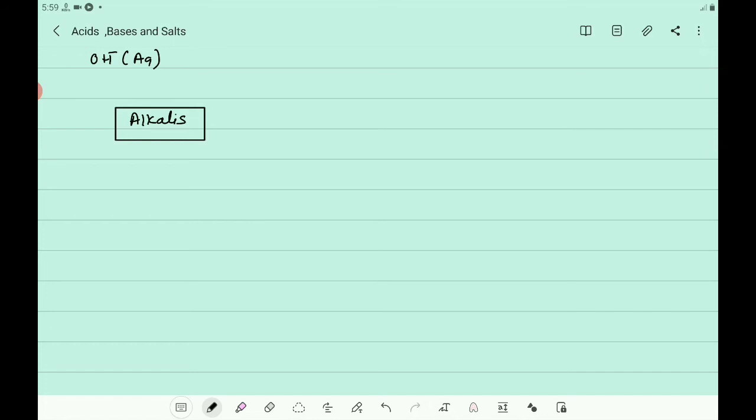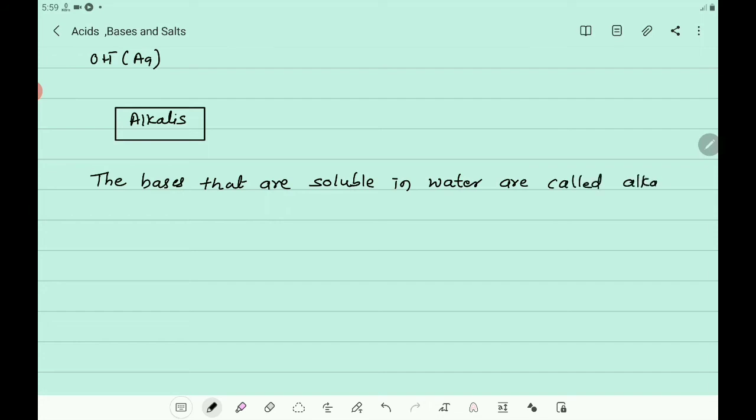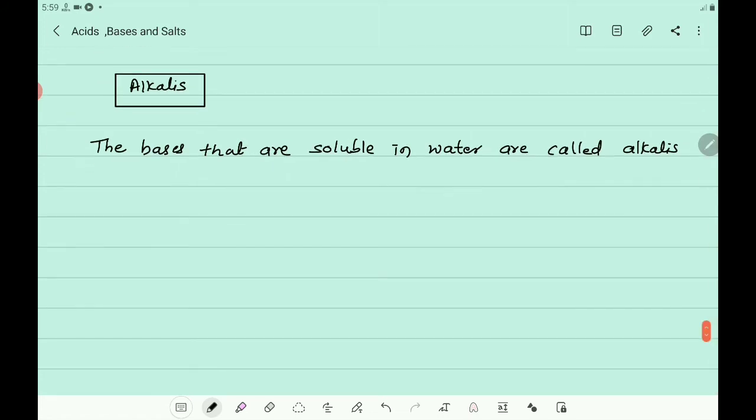So you take the bases that are soluble in water are called alkalis. Examples: NaOH, a base which dissolves in water.